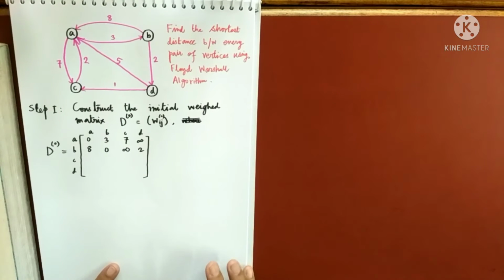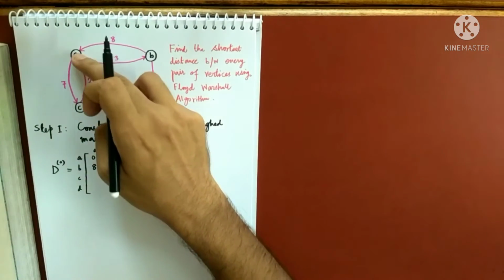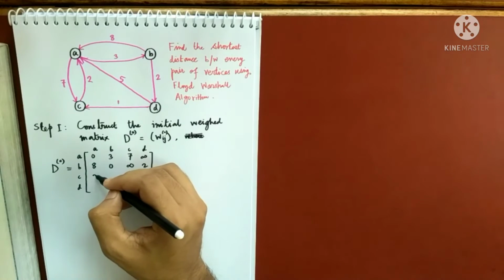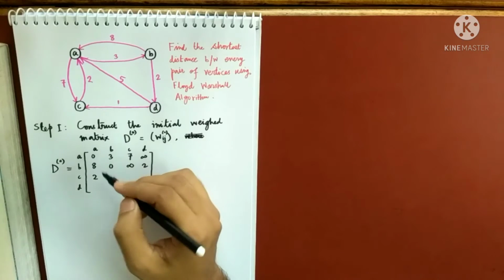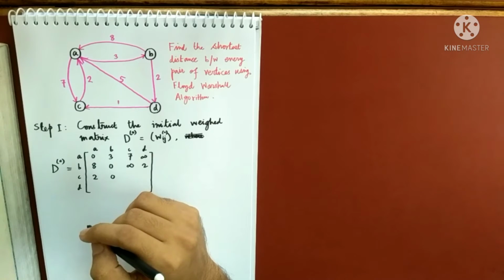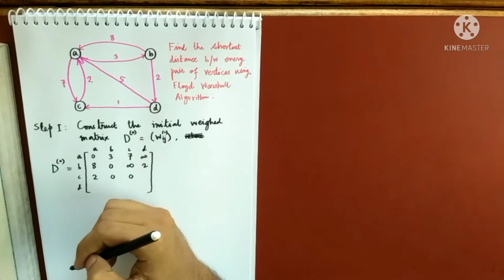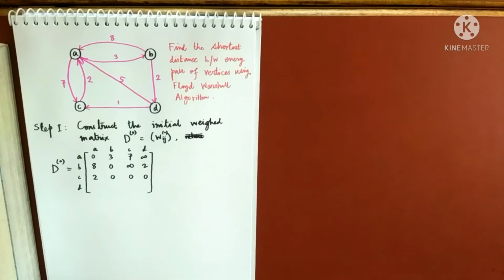Now C to A, I can see a direct edge from C to A, that is 2. C to B, I cannot see any direct edge from C to B, so... C to C is 0, and C to D, I cannot see a direct edge, so it is also... No, hold on. Why 0? Infinity, no?